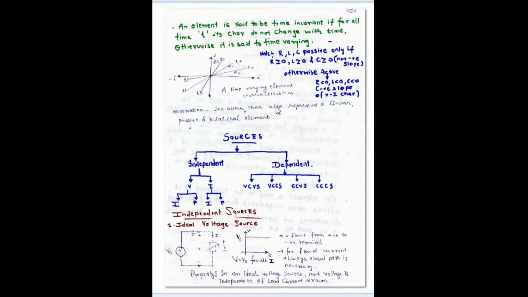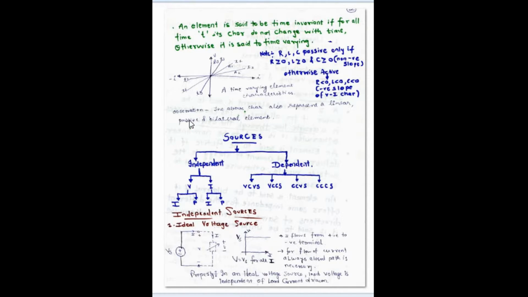Another observation I want to point out is that the above characteristics also represent a linear, passive and bilateral element. Why linear? Because, as I explained before, it is a straight line passing through the origin with respect to current. So it is linear. It is passive because it is a resistance element.